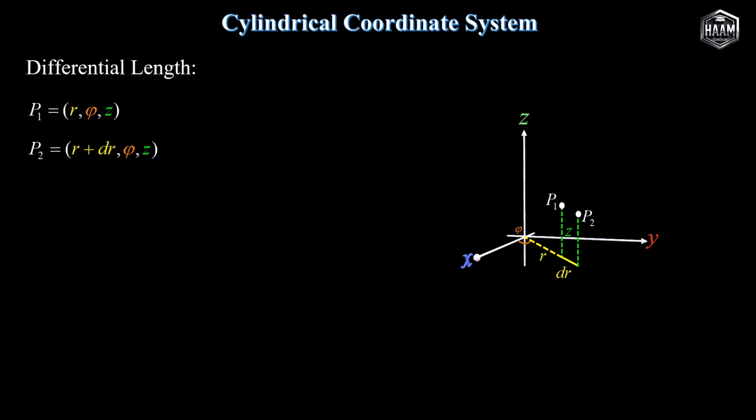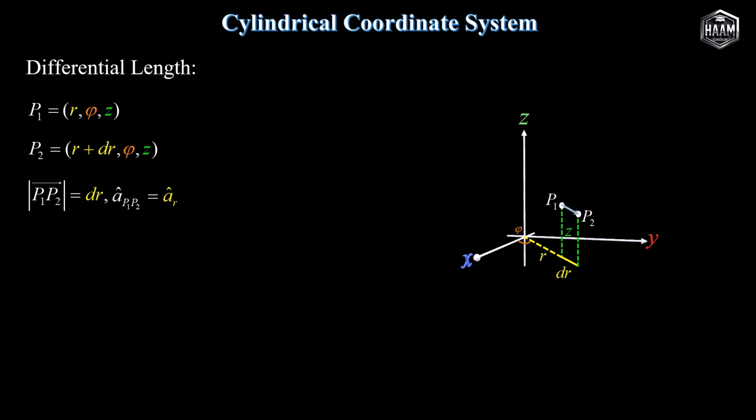Now, if we define a vector from P1 to P2, vector P1P2, its magnitude, as shown in the figure, is simply dr. That is, the length traveled from point P1 to point P2 equals the change in r between these 2 points.